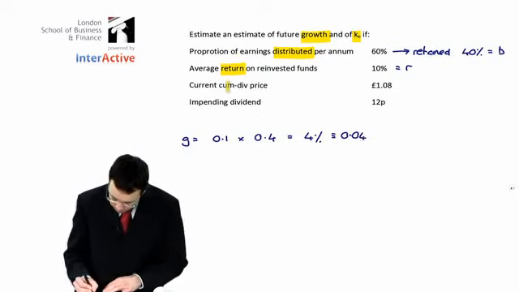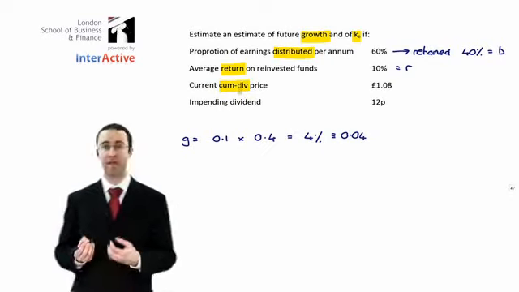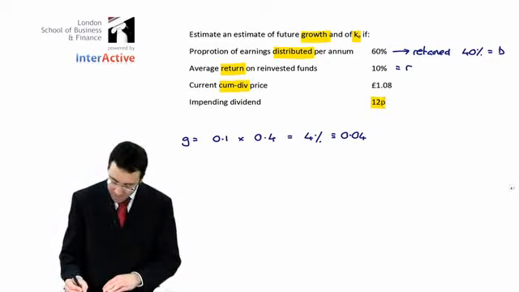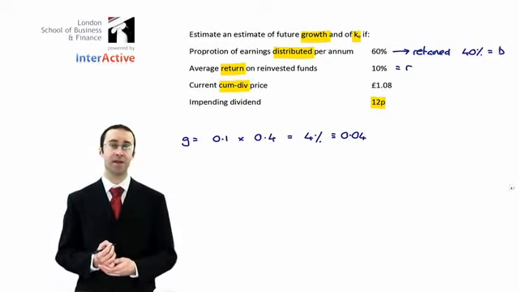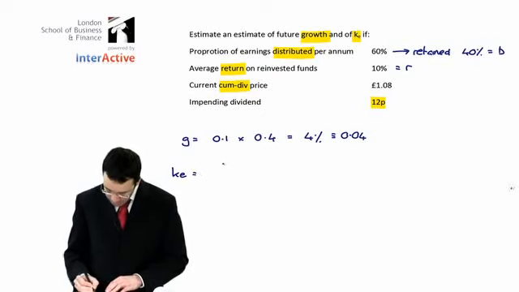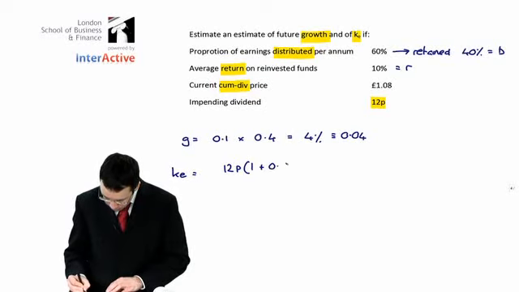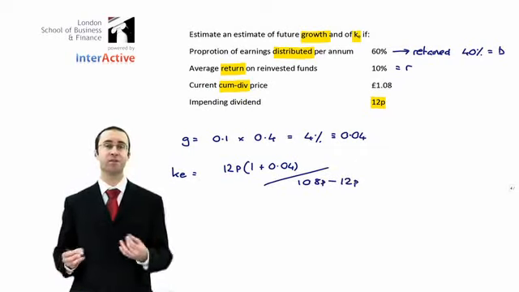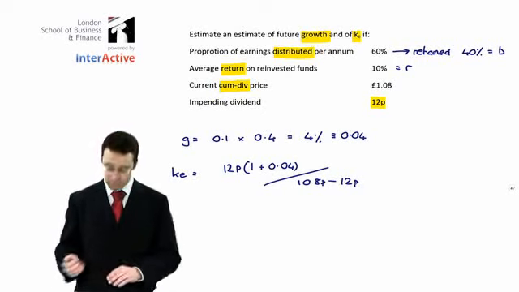We're then given the cum-div share price, so we'll need to adjust that to get the ex-div price, and we're told that the impending dividend, the dividend about to be paid, is 12p. To calculate your cost of equity, we take my dividend of 12 pence, multiply that by 1 plus your growth rate, and divide it by your ex-div price, so 108 pence less my 12 pence dividend to convert the cum-div into the ex-div price.